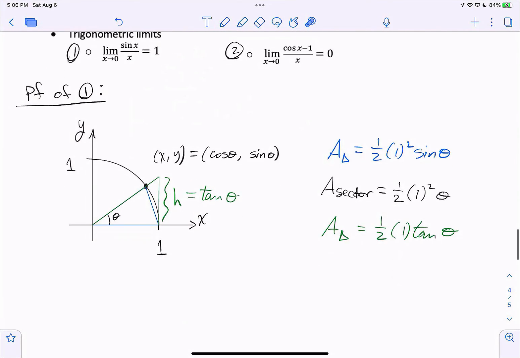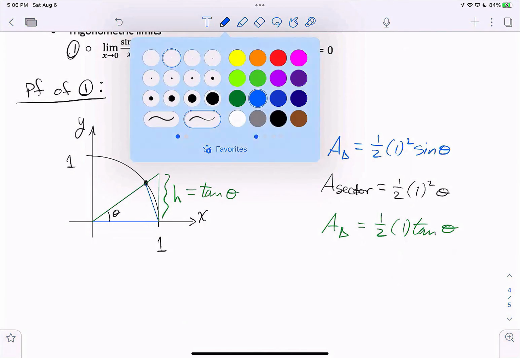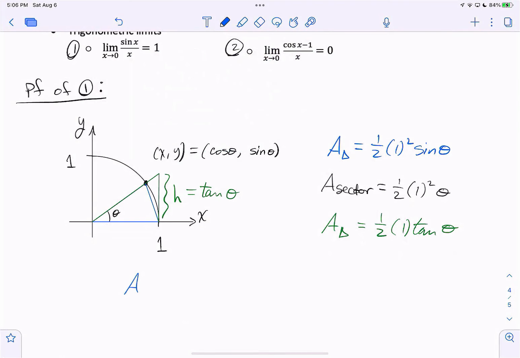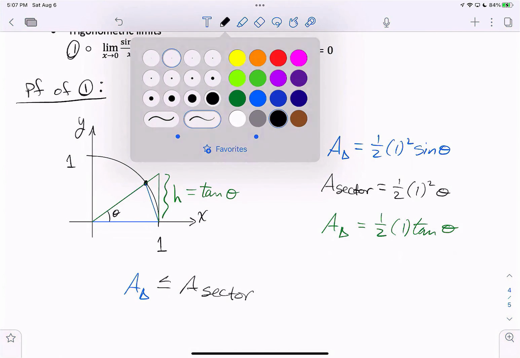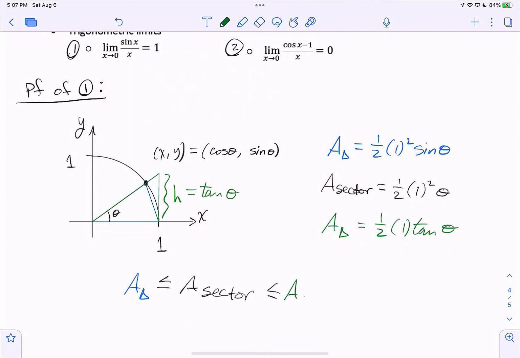Now, why am I talking about all these areas of triangles and the sector? Well, we know that the area of the blue triangle is smaller than the area of the sector because the blue triangle is inside of the sector. And the area of the green triangle is bigger than the area of the sector because the sector itself is inside the green triangle.